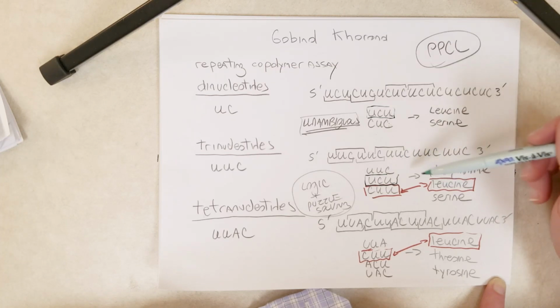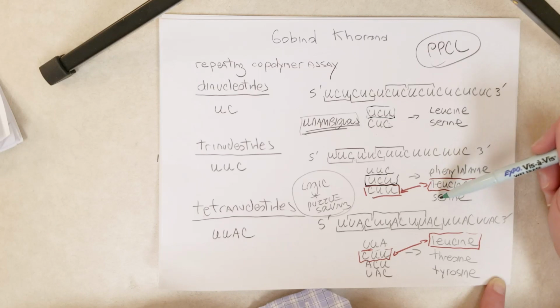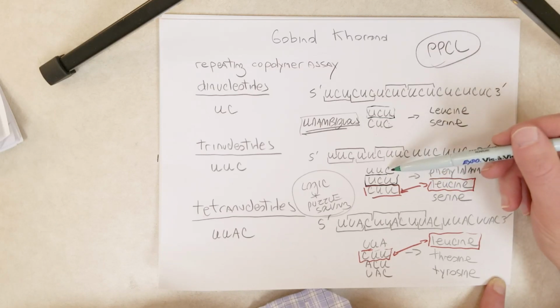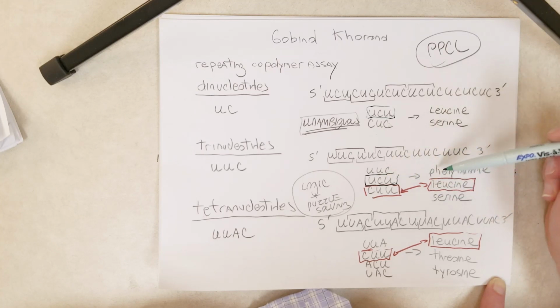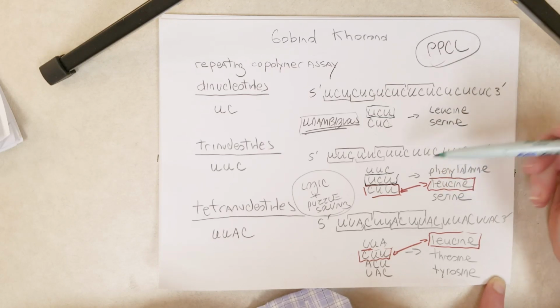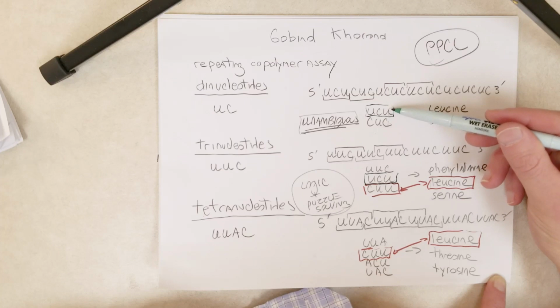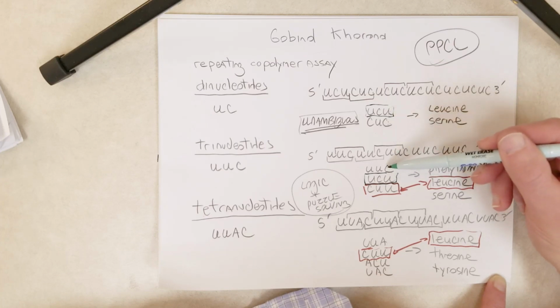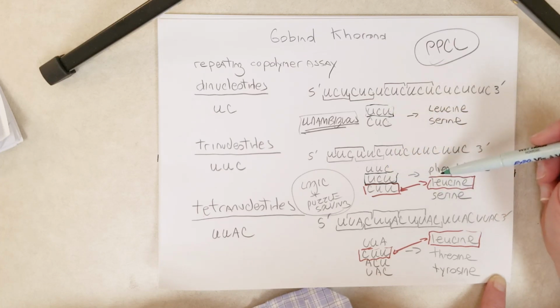Okay, so here's the logic. We have two amino acids here other than leucine, and two codons that we haven't assigned to amino acids. So each of these two codons needs to go with either phenylalanine or serine. UCU is also found up here.